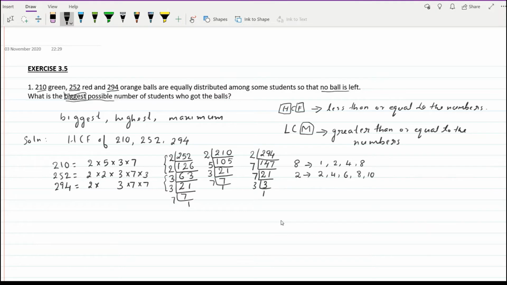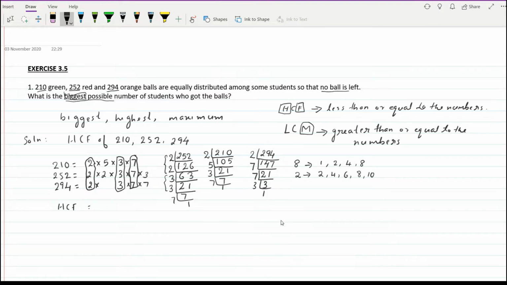So common factors, if you write one below the other, then you will feel easy to find the HCF. So HCF is equal to, you can see here in all the three numbers 2 is there, so I circled that 2. In all the three numbers we can see 3 is there, so here 3 we can circle. In all the three numbers we can see 7 also there. Therefore the remaining numbers you see are left out, not common for all the three numbers.